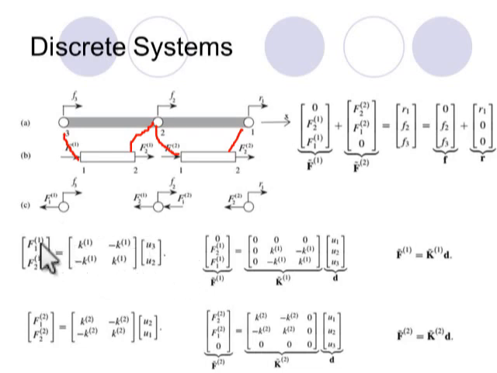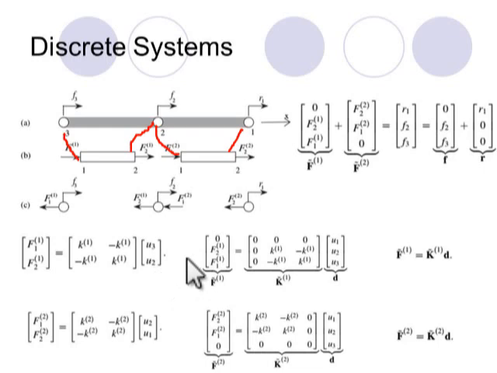So F1 is equal to K1 multiplied by U3 minus U2. These are the global node numbers, U3 and U2, because my first element has node 3 and node 2.